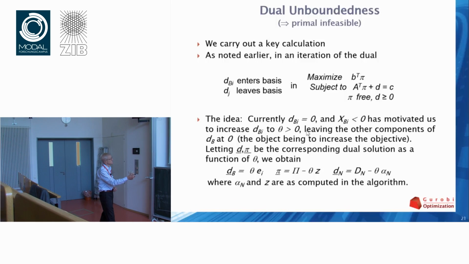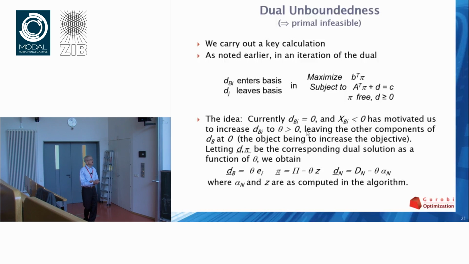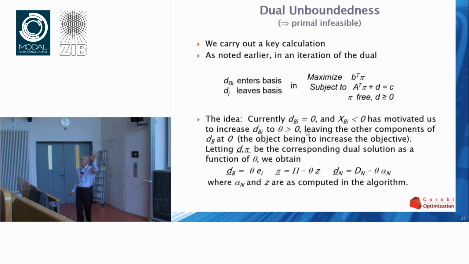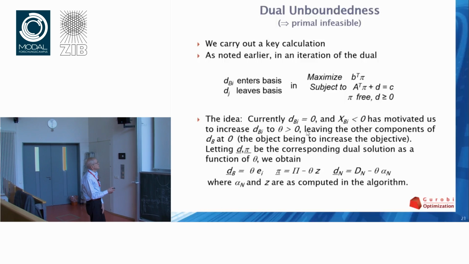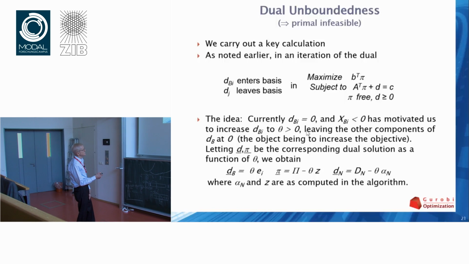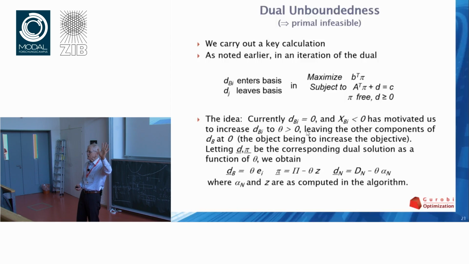So that's what we set up at the top. And then if you simply plug this into those dual constraints and work out the algebra, it's a pretty straightforward calculation, you get a formula for the new values of the pi variables in terms of the old values minus theta times this z vector. That's the solution to one of those linear systems that we solve.